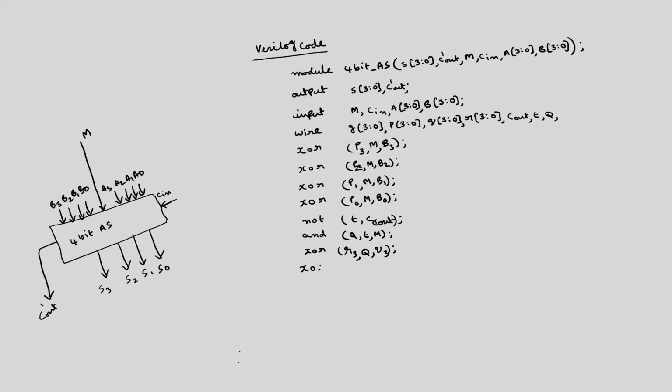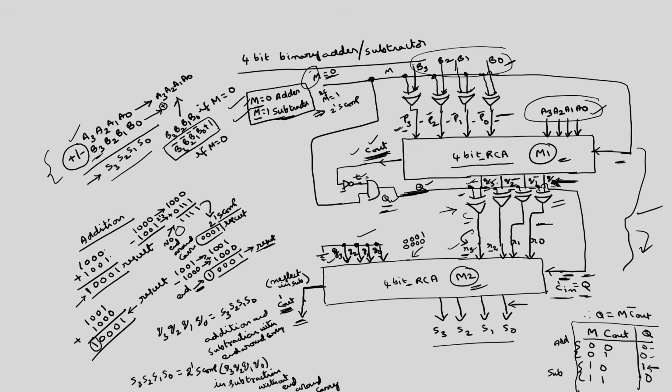Similarly, R2, Q is one input, Q2 is the other input. R1, Q and small q1. R0, Q and small q0. So, these 4 will be generated, R3, R2, R1, R0, by exclusive ORing with this. Okay. So, we have generated this. This C in is anyhow this Q.